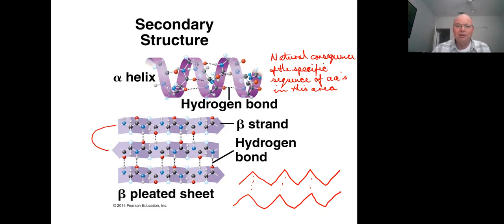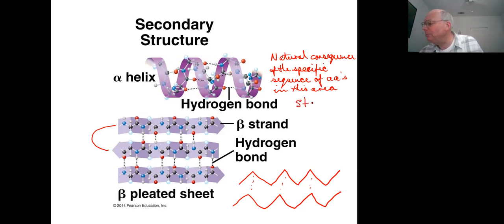But this is the secondary structure. It's the natural formation of the helix, just the folding of the amino acids into the helix structure because of the sequence of amino acids, or the formation of these pleated regions that are linked together by hydrogen bonds just because of the sequence of amino acids. And they are stabilized by hydrogen bonds.